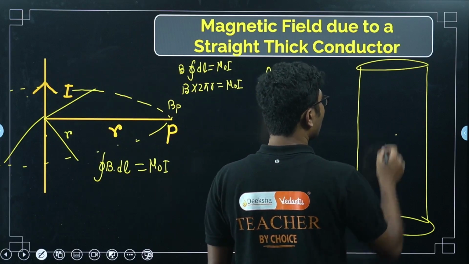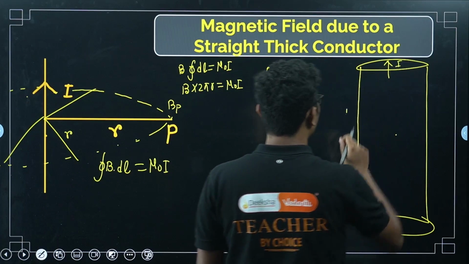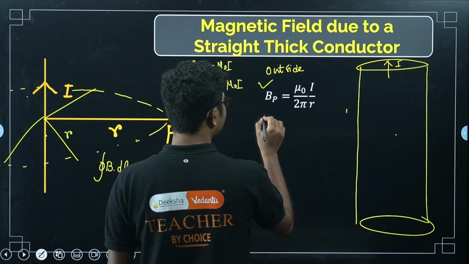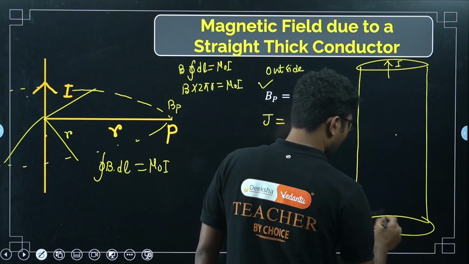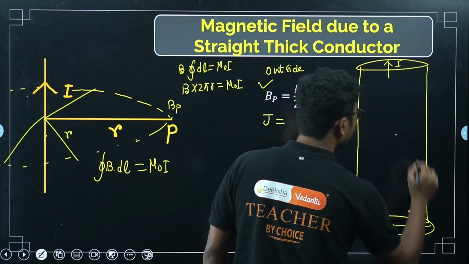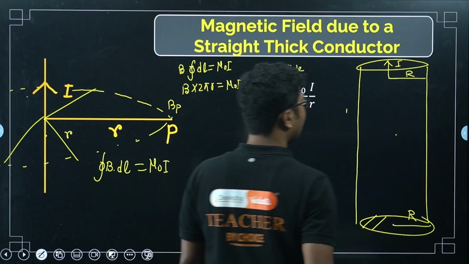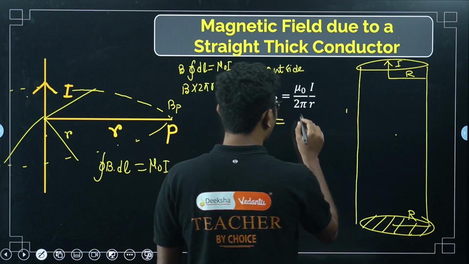The total current through the wire is obviously I. So we have to find the current density. To calculate the current density, we have to take the total cross-sectional area. Suppose the radius of the wire is capital R. In that case, the area will be pi R square.